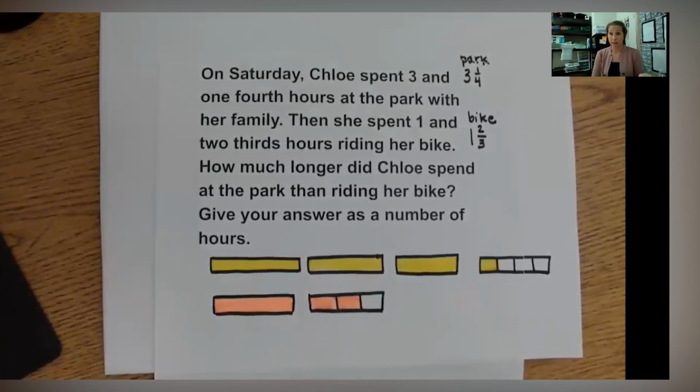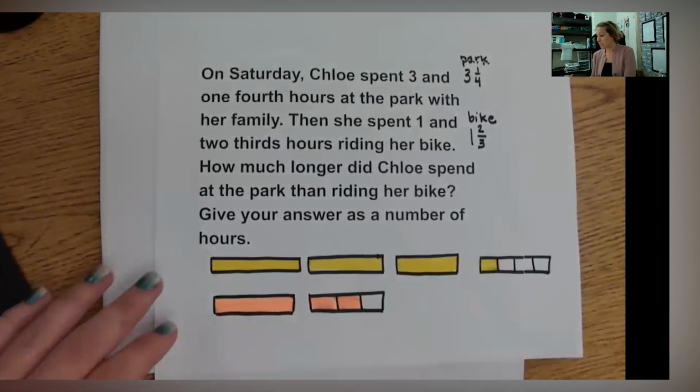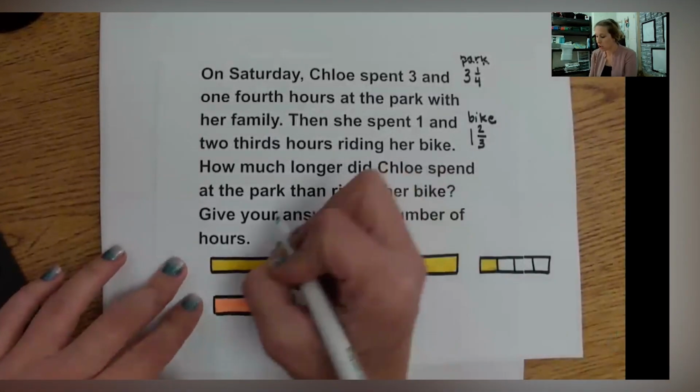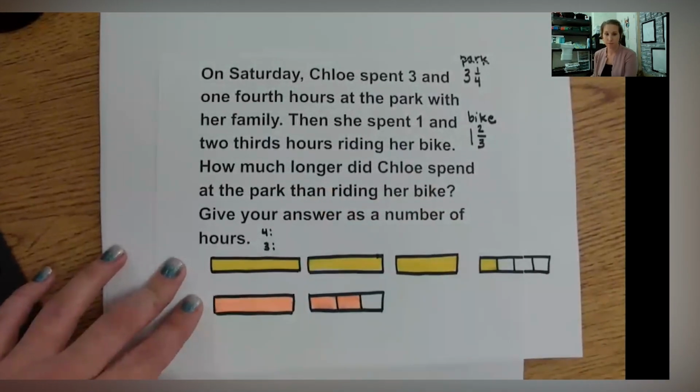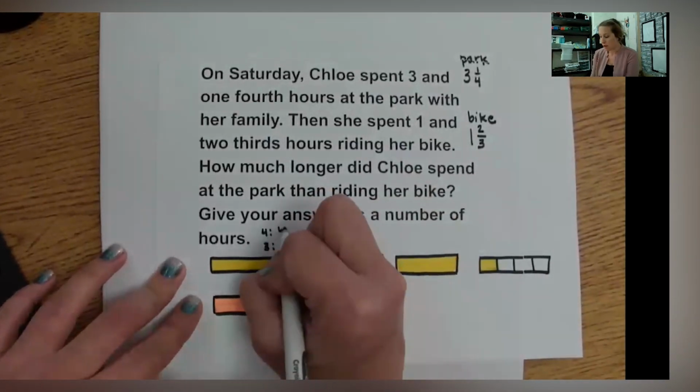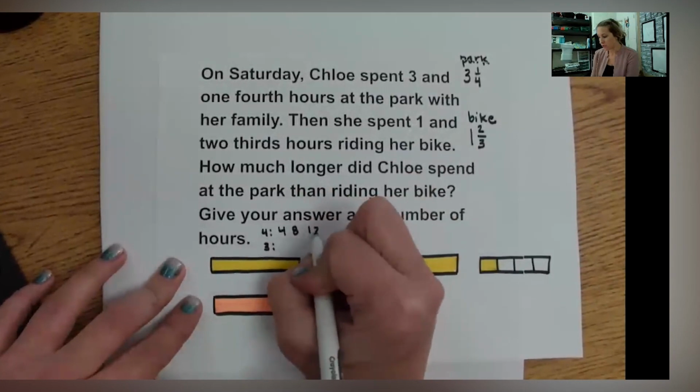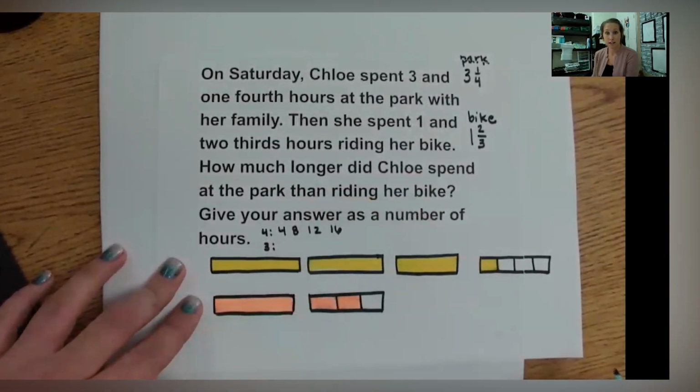Right now, our denominators are what? 4 and 3. So let's go back to thinking about our multiples. Go ahead and list the multiples of 4 and 3. Did you say 4, 8, 12, 16?